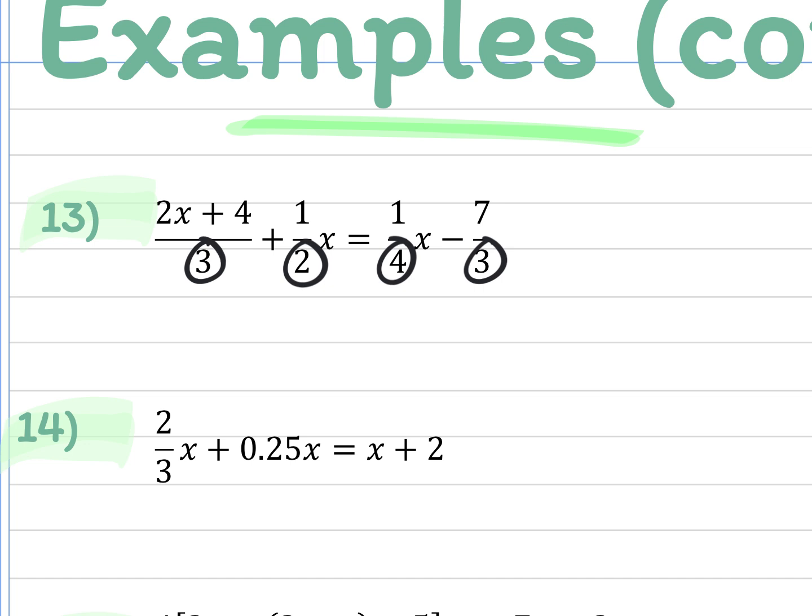Right, so between these numbers, it's going to be 12. 3, 6, 9, 12; 2, 4, 6, 8, 10, 12; and then 4, 8, 12. All these are multiples of these numbers, and 12 is the smallest one that they share in common. All right, so with this problem, let me erase these.